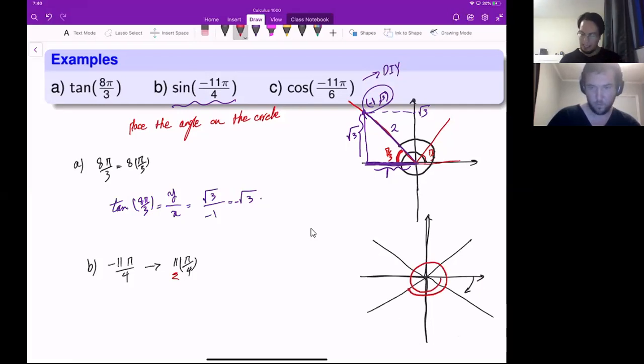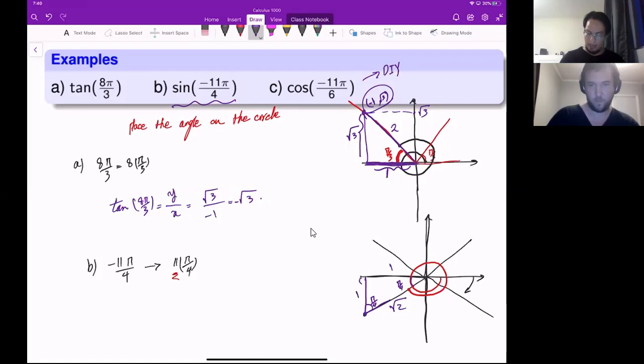Now, right away, you notice that I can put pi over 4 here and one of those special triangles with pi over 4 as one of the angles. And you see that this is 1, this is 1, this is root 2. Okay, the coordinate of this point.